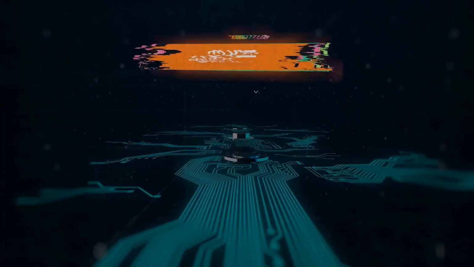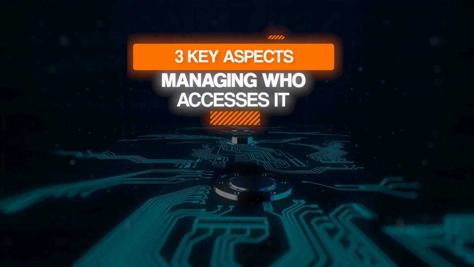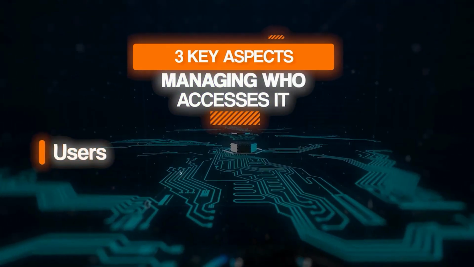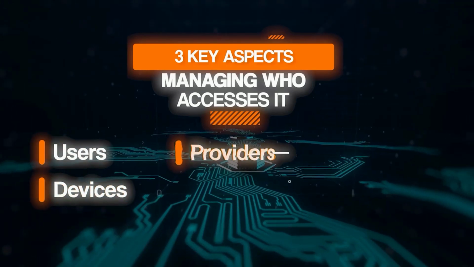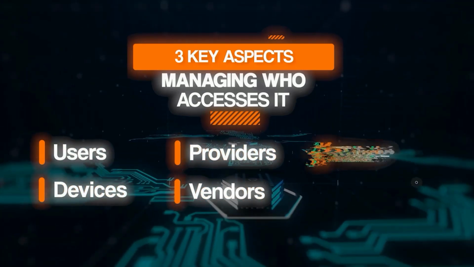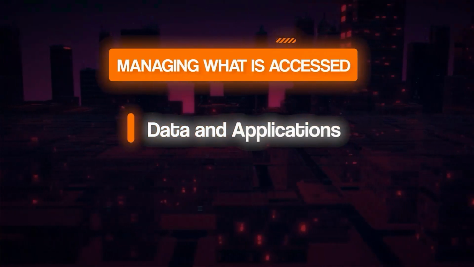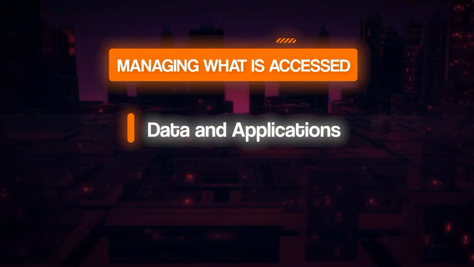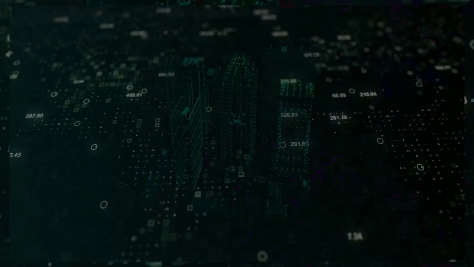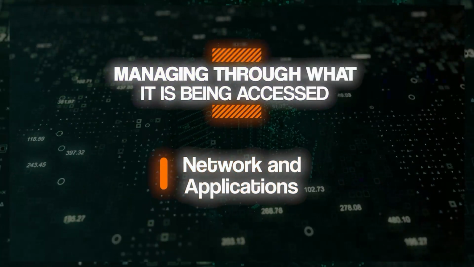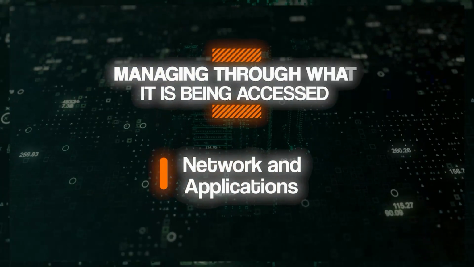To underscore the relevance and cohesion of these areas in zero trust implementation, we can primarily categorize them into three key aspects: managing who accesses it, users, devices, providers, vendors, third party, call them what you like; managing what is accessed, data and applications; and managing through what it is being accessed, network and applications.